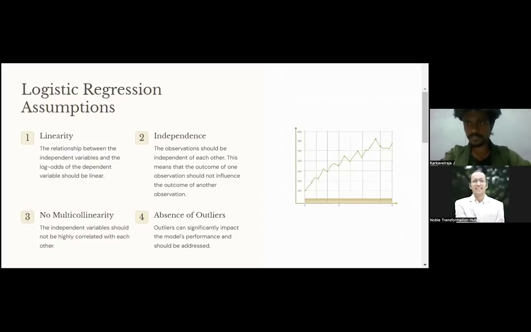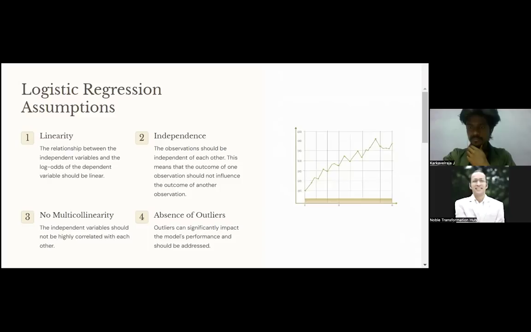Then, independent variable observations should be independent of each other. This means that the outcome of one observation should not influence the outcome of another. Again, the concept is the same in linear, multiple linear and other regressions.